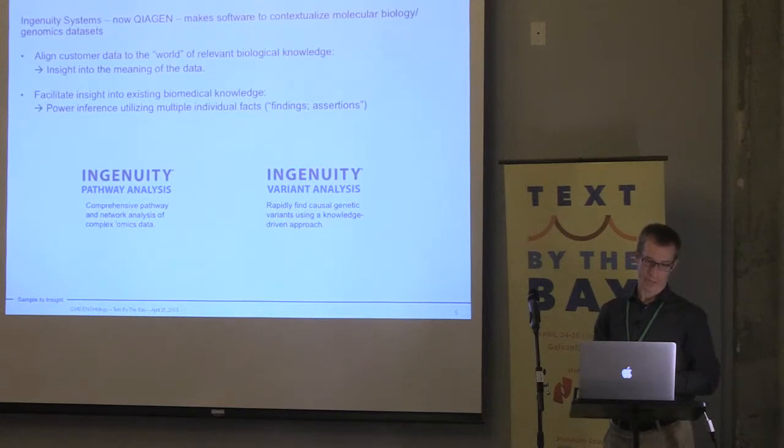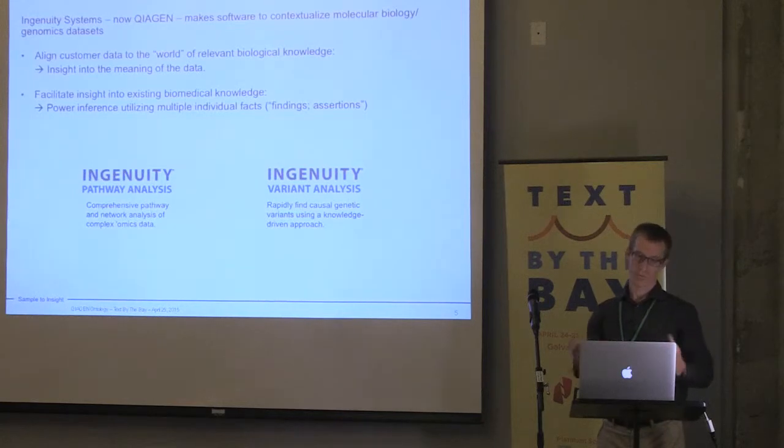And I have a couple of examples of main software products that still bear the Ingenuity name. One of them is called Ingenuity Pathway Analysis. It's been around for quite a while now. That's looking at biochemical pathways and how they interact and how genes play a role in those pathways, speaking at a high level.